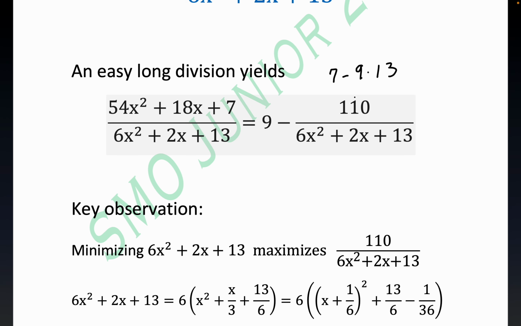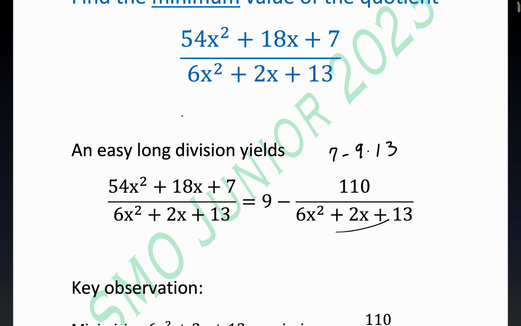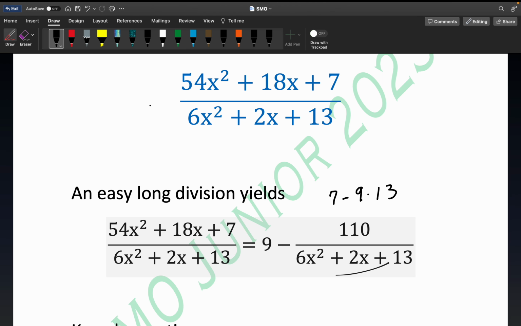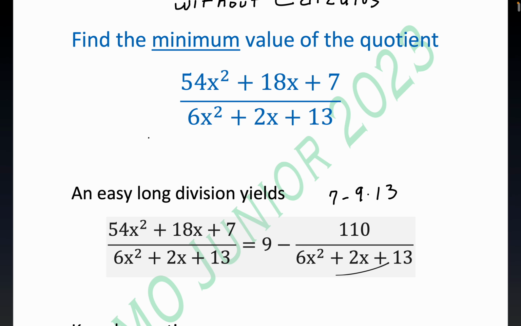But if you maximize this part right here, you're going to minimize the whole thing. So maximizing just this part and then subtracting it from 9 will make this a minimal value, which is what we're looking for, a minimum.